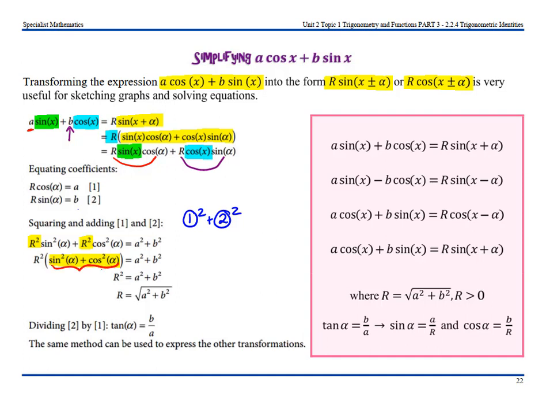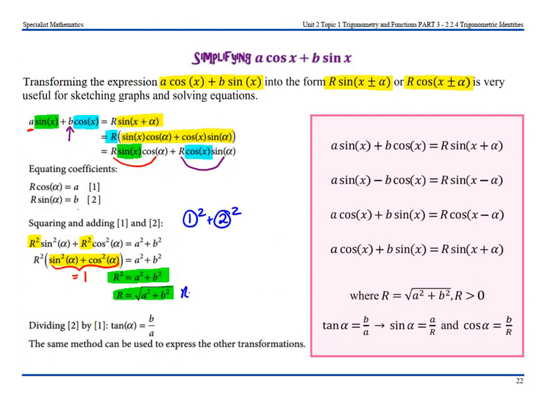That's a trig identity and it's equal to 1. Then on the right-hand side, I have a squared plus b squared. So now I have r squared equals a squared plus b squared, or r equals the square root of a squared plus b squared.